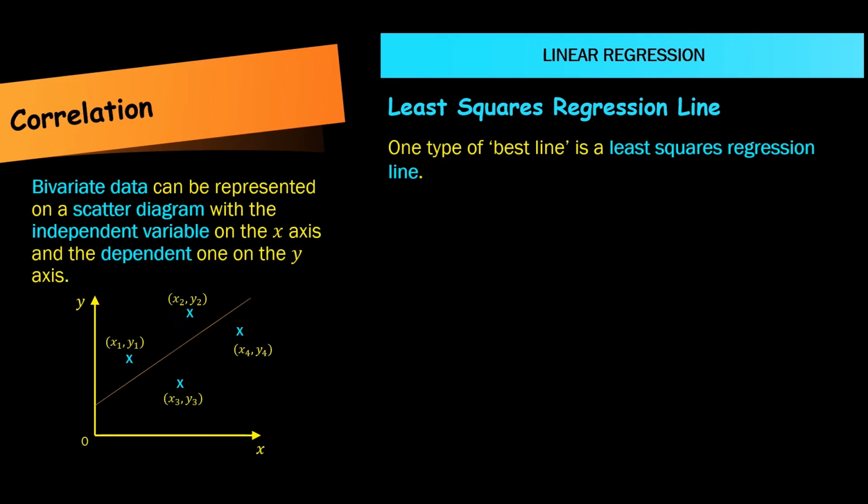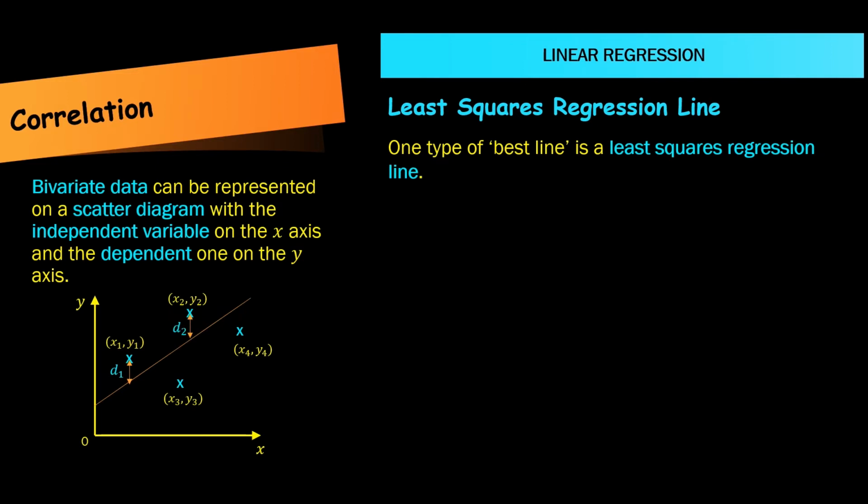Before we do so, let's introduce ourselves to some notation. Suppose x1, y1 is a point on the scatter diagram as shown. The distance between that point and the line of best fit is called d1.